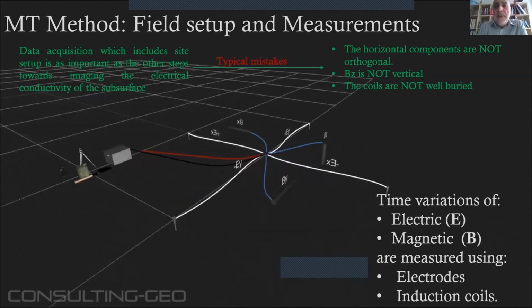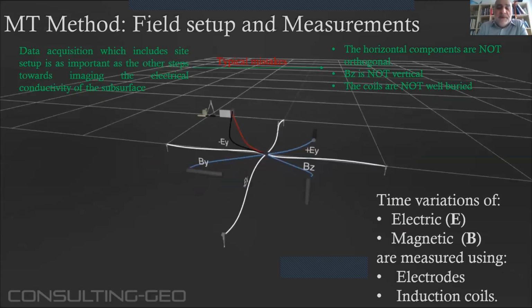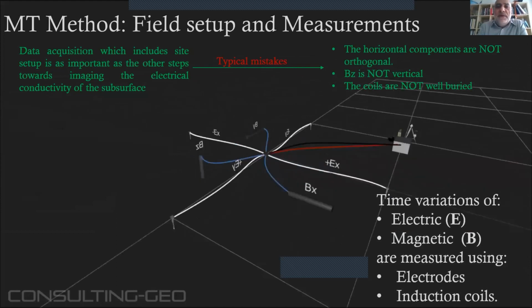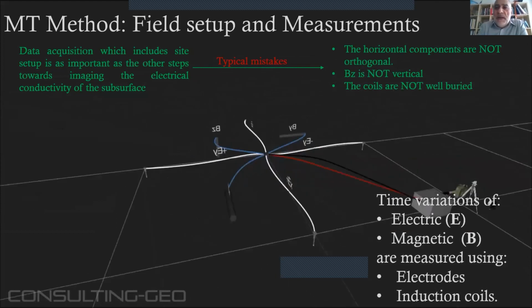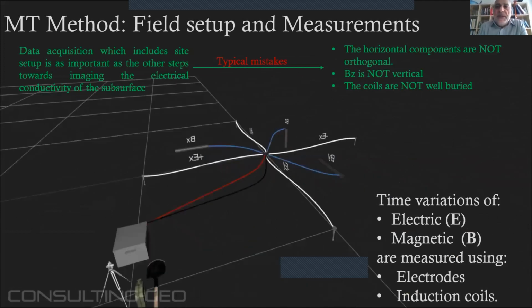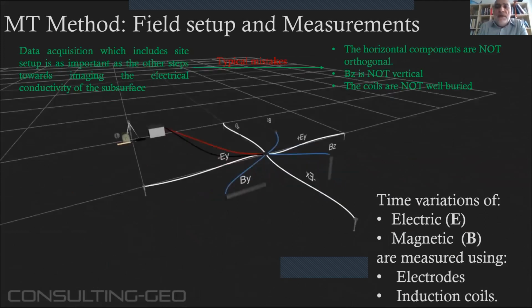the subsurface. Typical mistakes at this step that cannot be repaired or covered later in any software or in the office are things like the horizontal components not being orthogonal, or BZ not being completely vertical, and the coils not being well buried.